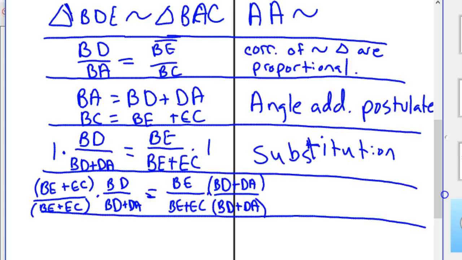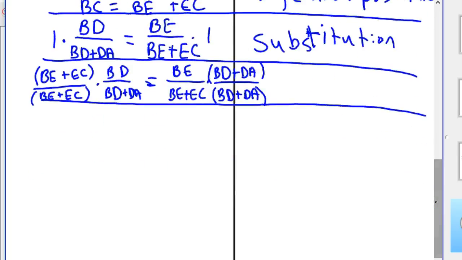Again, you could also be cross multiplying that, and so that's substitution property.